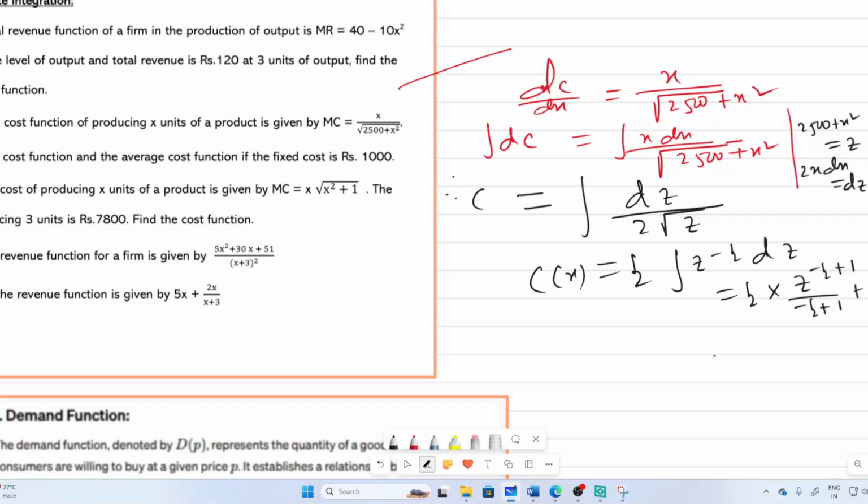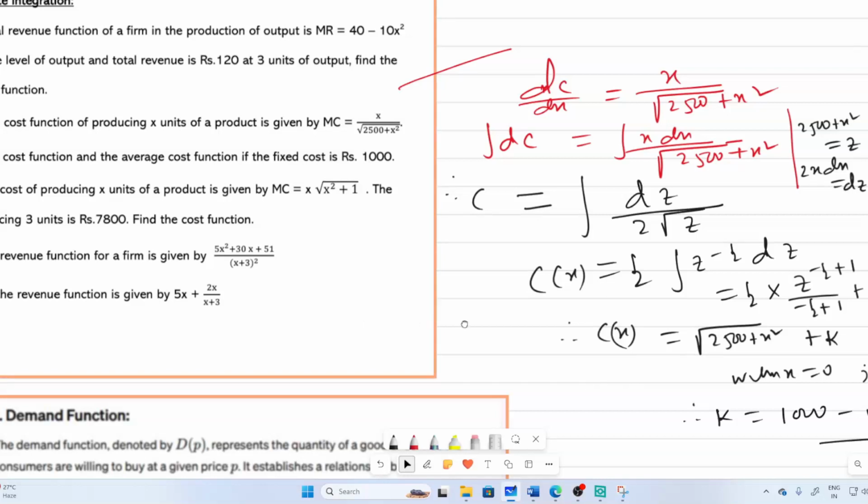Alright. So now c(x) is changed to what? This half gets cancelled. Root z is root 2500 plus x square plus k. Now when x equal to 0, c(x) equal to 1000. So the value of k is coming to be 1000 minus 50, that is 950.